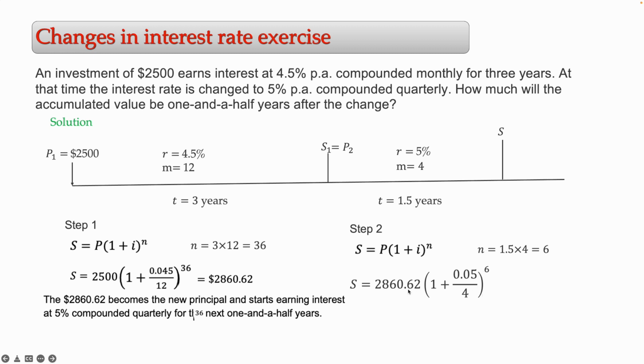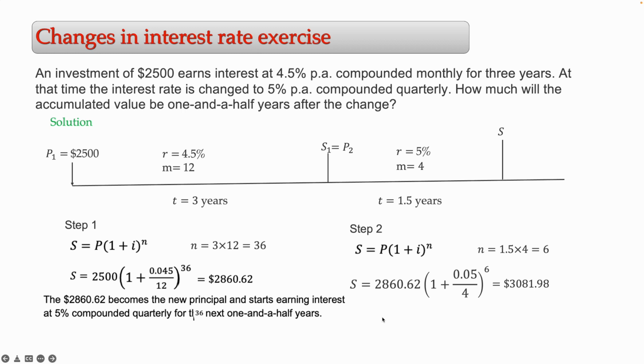Use again your calculator. 2860.62, open bracket, 1 plus 0.05 divided by 4, close the bracket, raised to the power 6, and press enter. That gives me 3018.98.